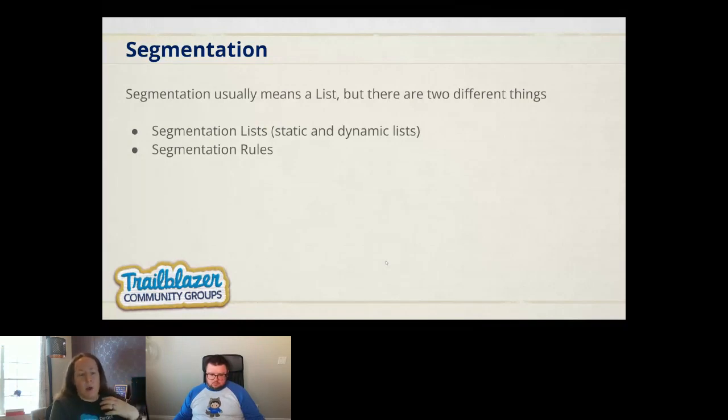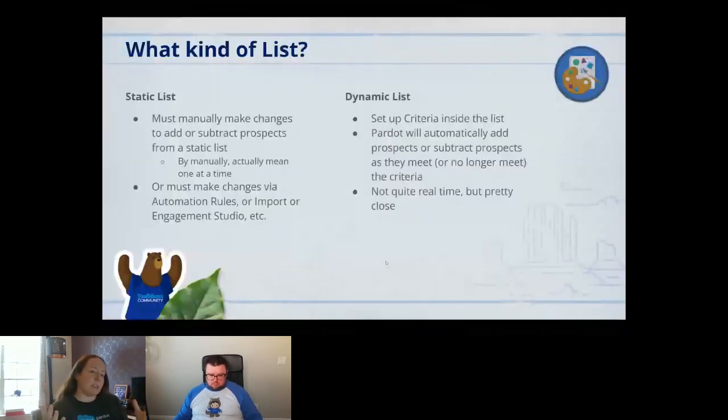So when you talk about a segmentation list in Pardot, it really comes down to what kind of list you are making. Are you making a static list or are you making a dynamic list? A static list, when you make it, is completely empty, and you must manually intervene to make a prospect join the list or be removed from the list.